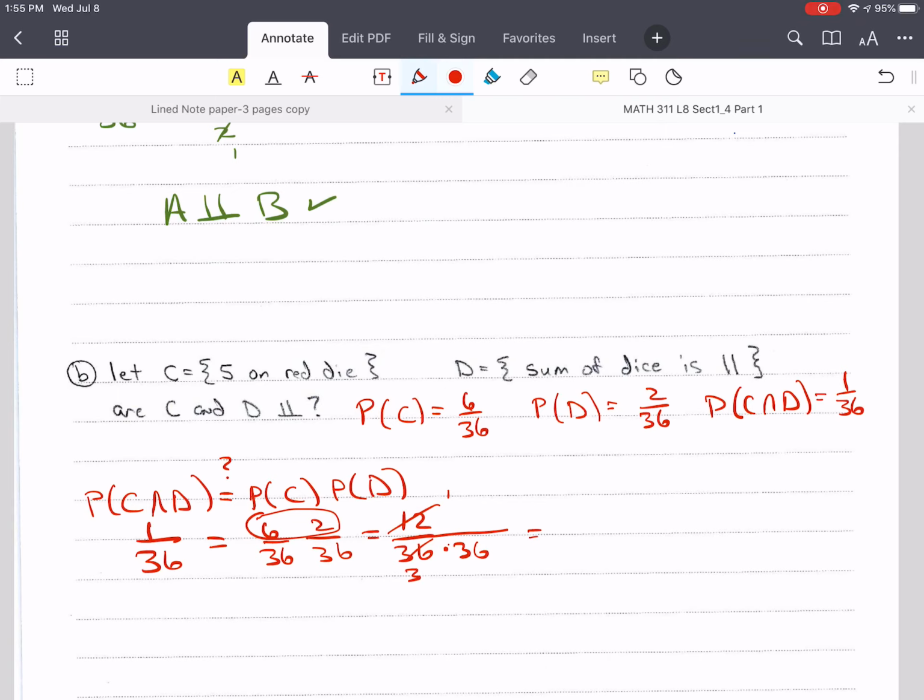And so this would be 1 over 108. And so this is not equal to 1 over 36, which is the probability of C and D. So C is not independent of D. All right.